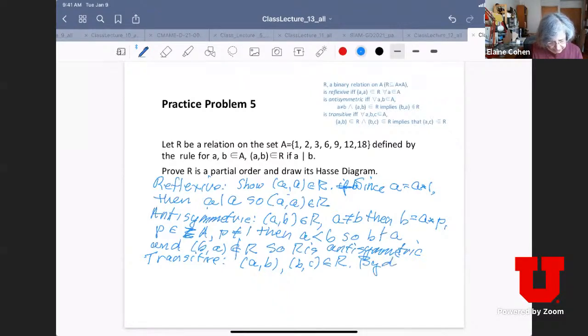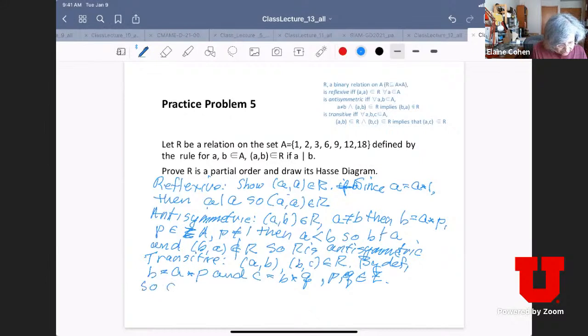By definition, then, B is equal to A times P, and C is equal to B times Q, where P and Q are in the integers, and that's by definition of divides.